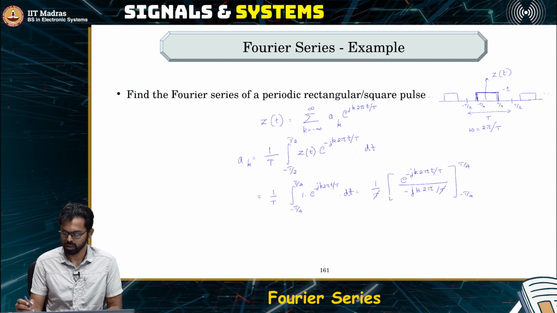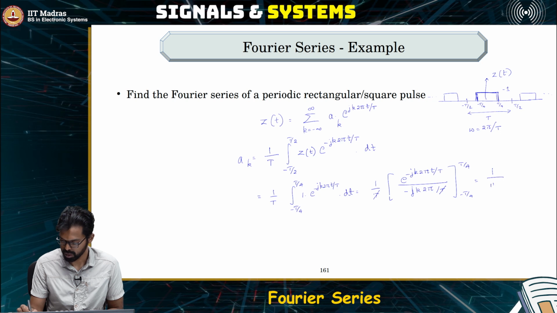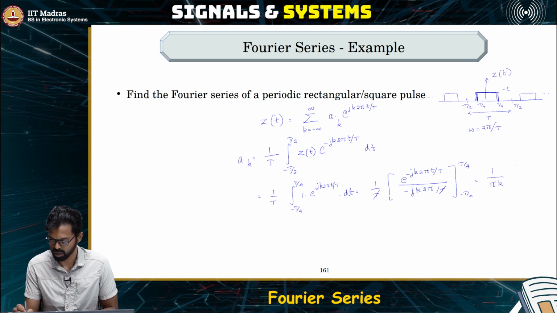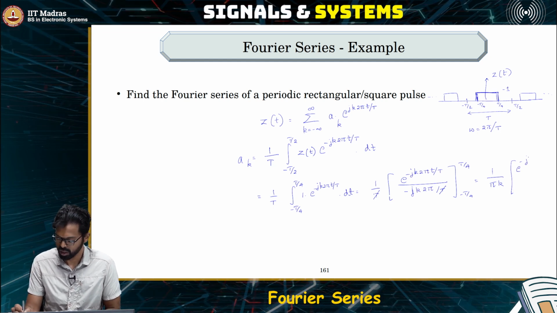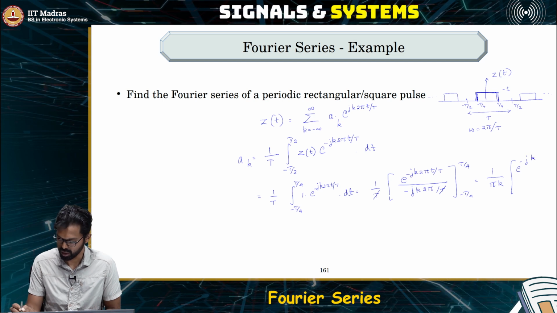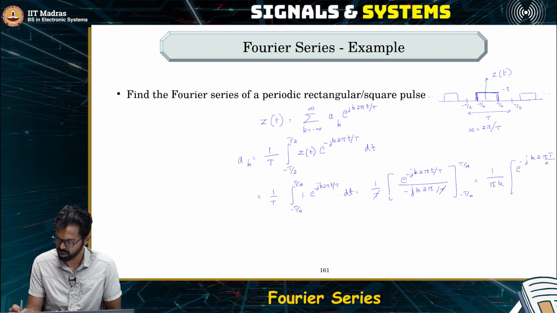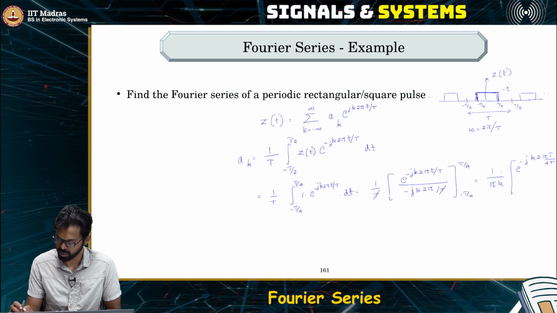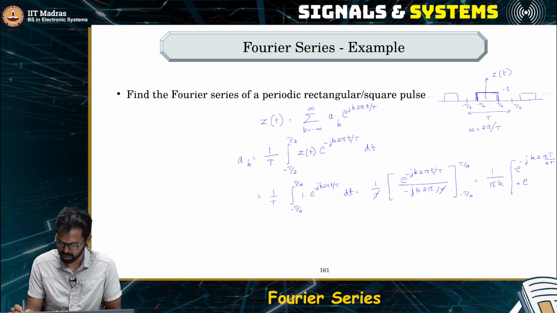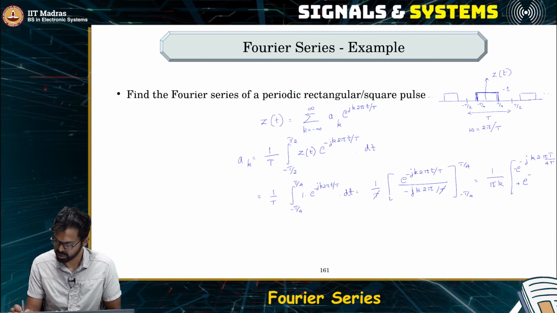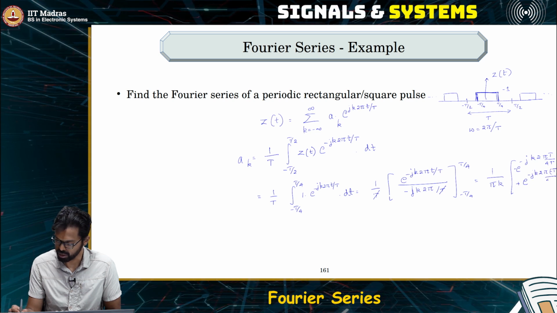This gets cancelled. So we have 1 by pi k, e power minus j k 2 pi T by 4T, minus e power minus j k 2 pi minus T by 4T.